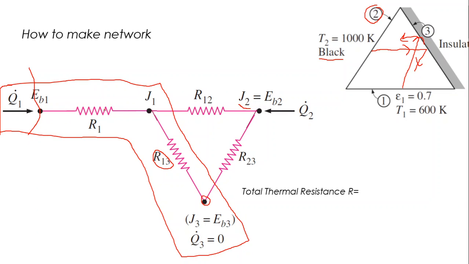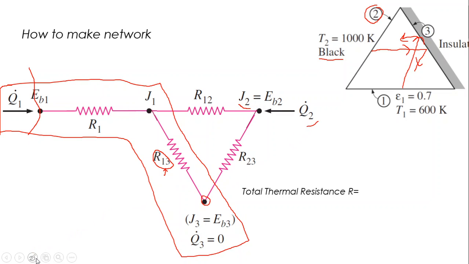As you can see here, this diagram which I pointed out is somewhat similar to the network between two surfaces. What are those two surfaces? 1 and 3. In the case of 3, we will not have surface resistance, that's why we didn't include that surface resistance. We have only included space resistance, and that is equal to R13. Same way we are going to find out space resistance between surface 3 and surface 2.